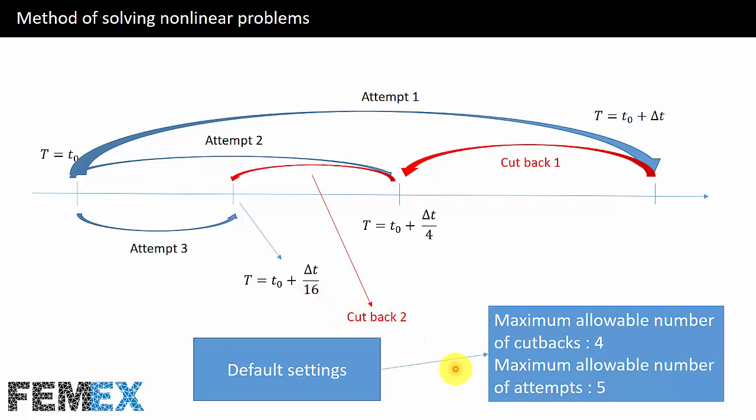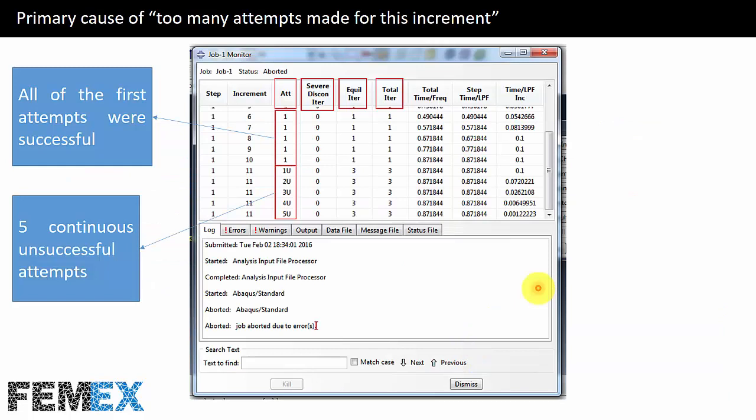The default maximum allowable number of attempts is 5, and the default maximum allowable number of cutbacks is 4. This is a picture of the job monitor dialog box, and in this column the number of attempts will be showed to you.